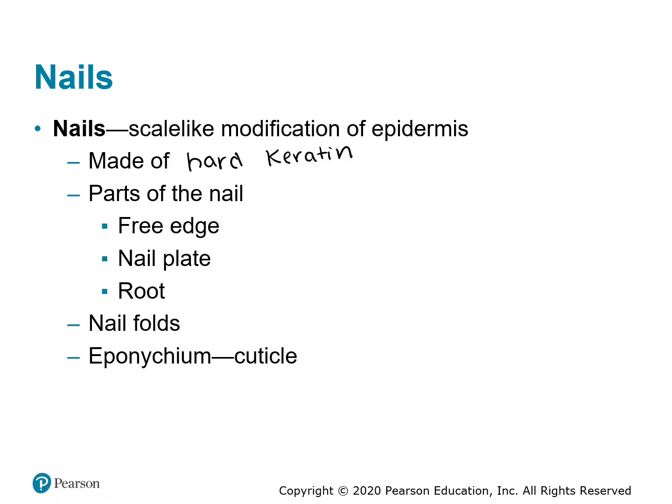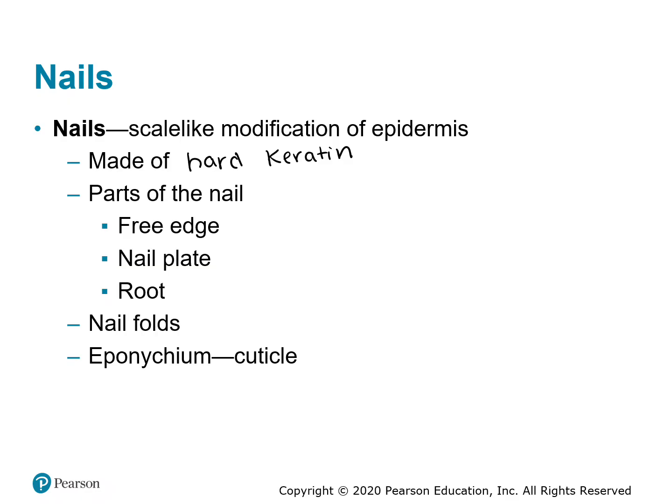The nail plate, that's the part that is actually sitting on your finger. The root, that's kind of towards the back, where the blood flow is. The nail folds are the guys on the sides that kind of separate your skin from your nail. It's the part that when you get a little hangnail and you peel it, it'll peel all the way up your skin and it hurts and it's the worst.